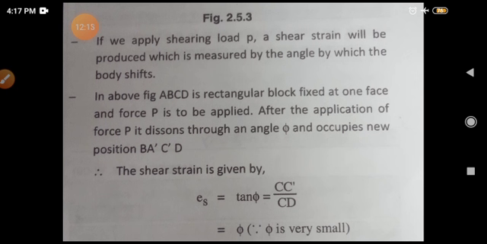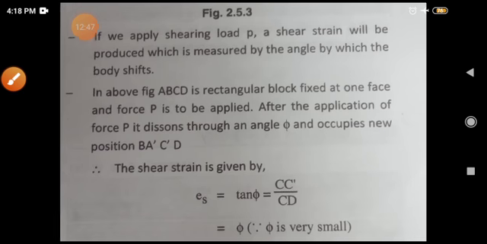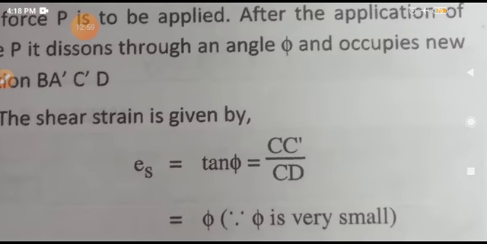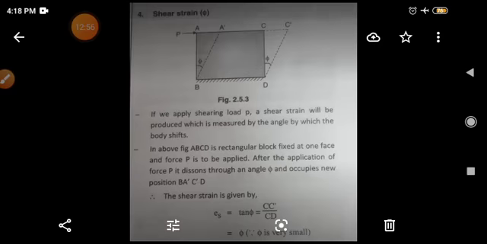After the application of force P, its shape gets distorted through an angle phi, and occupies the new position A dash B C dash D. The shear strain is given by tan phi equals C dash upon CD. You can see over here, C dash upon CD.